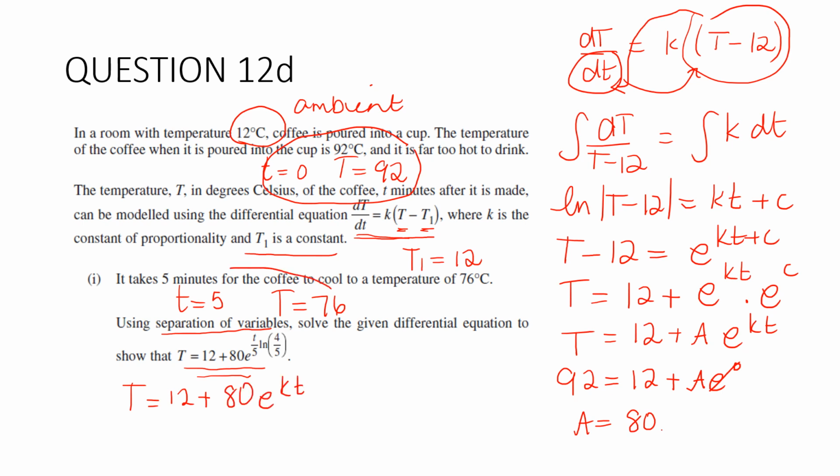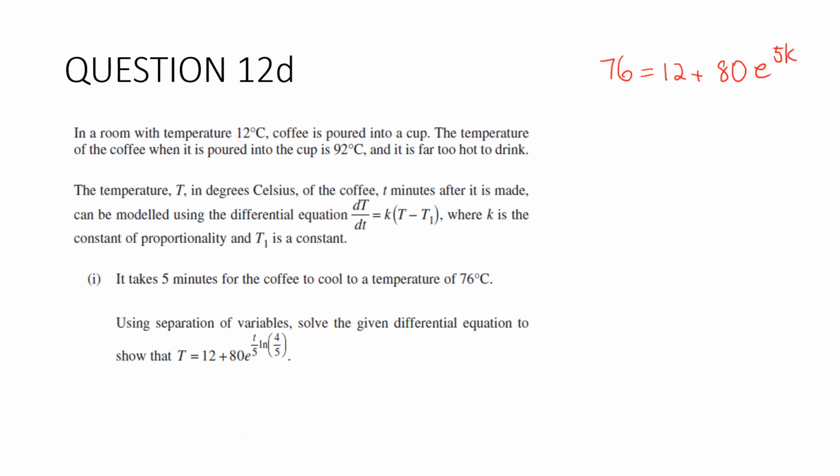And we're going to substitute this in now. So capital T is 76, t is 5, e to the 5k. So let's solve that equation. 76 take away 12 is 64, is equal to 80 e to the 5k. Divide both sides by 80.